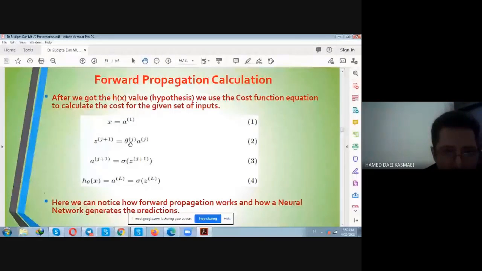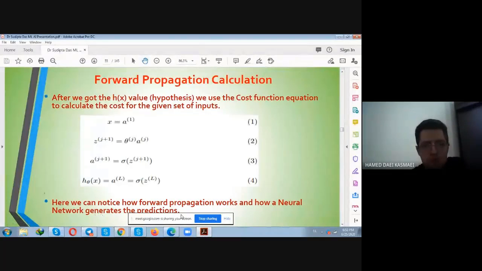They are in this recursive format. a^(j+1) is equal to sigma of z^(j+1), and h theta of x is equal to a^(L), which is equal to sigma of z^(L). So here we can notice how forward propagation works and how a neural network generates the predictions.